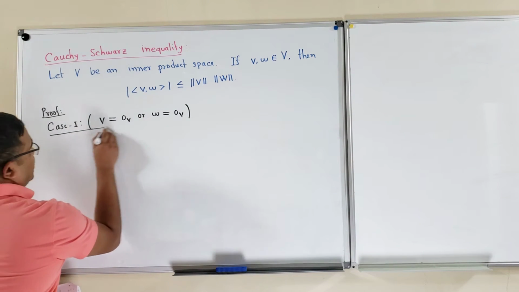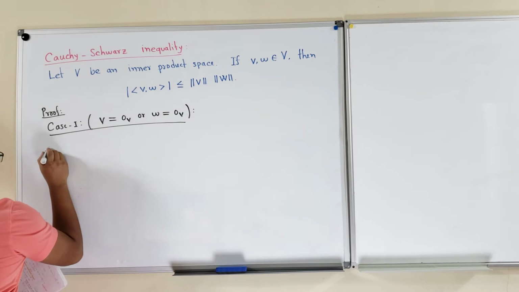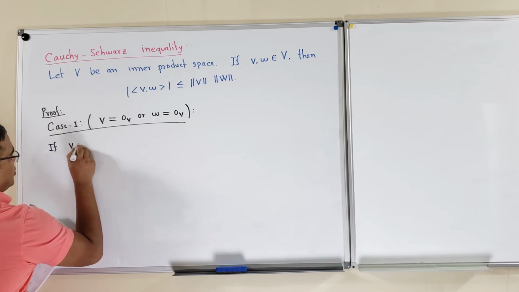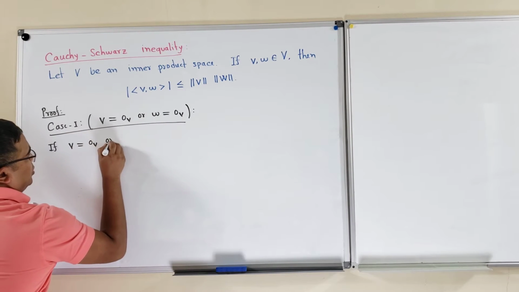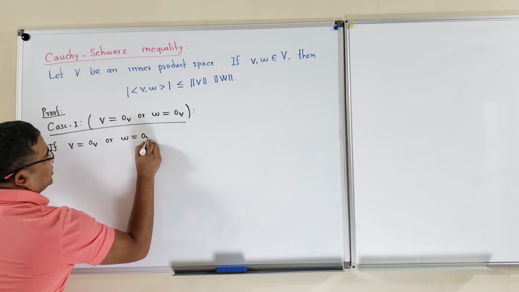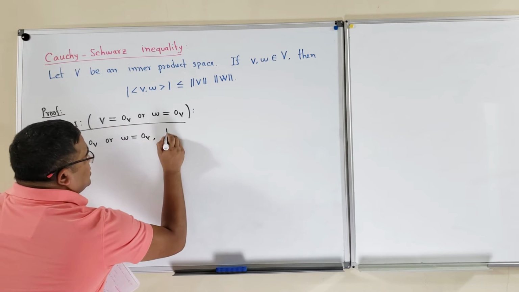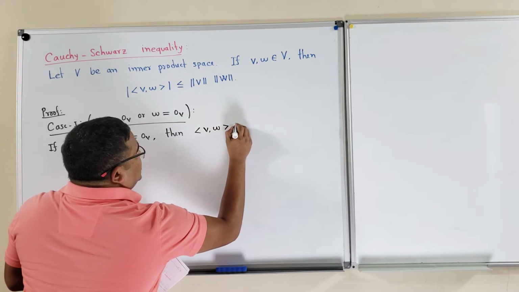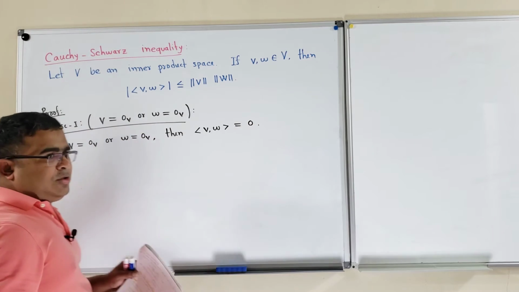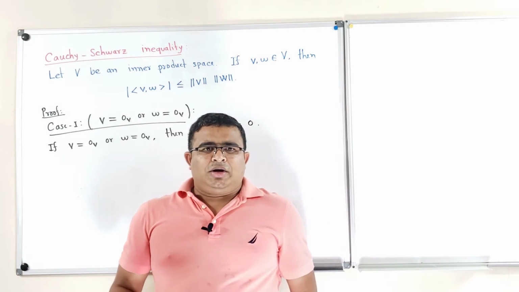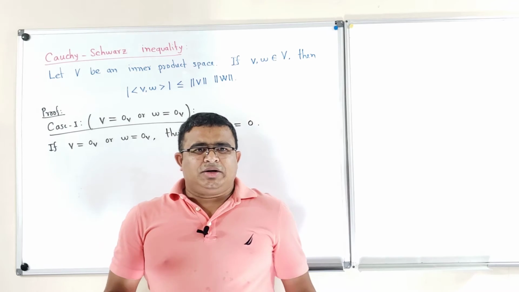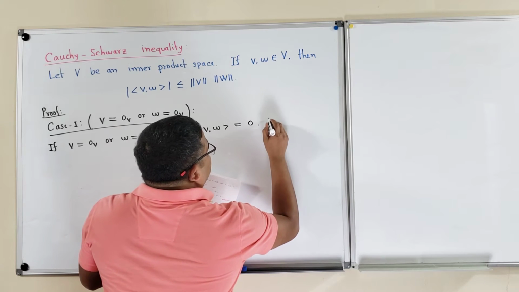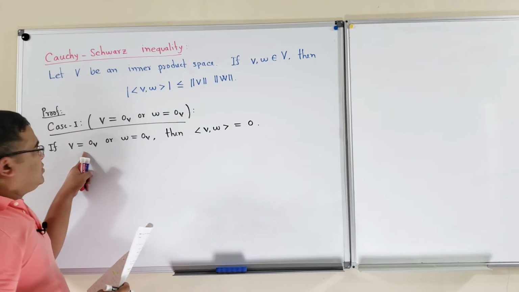So, if v is the zero vector or w is the zero vector, then the inner product of v, w is always 0, because if you take the inner product with a zero vector, it is always 0. And if v is a zero vector, then what would be its norm?